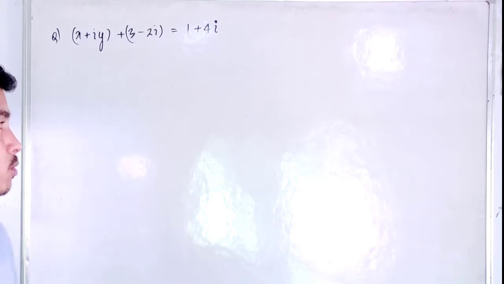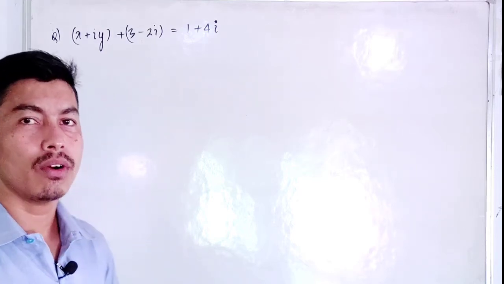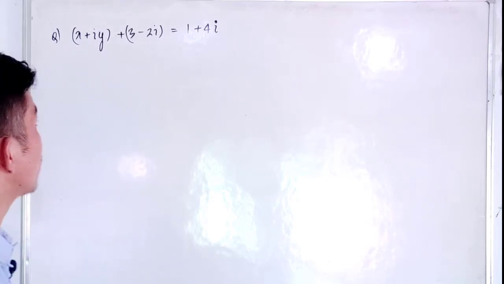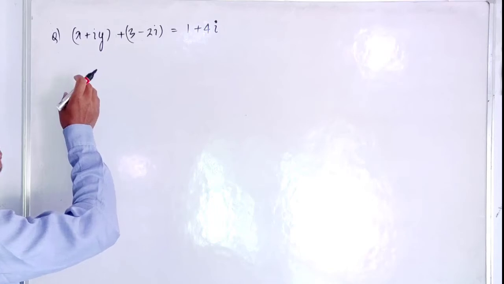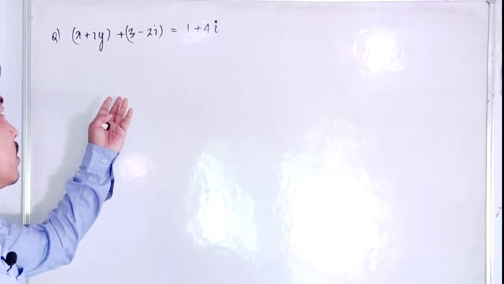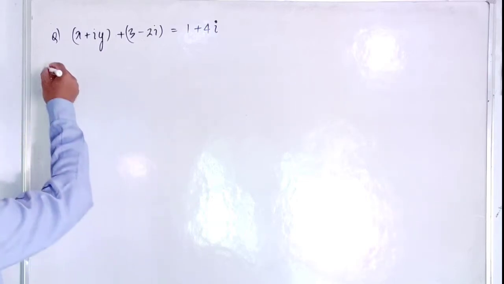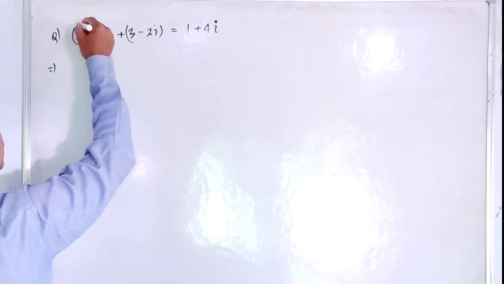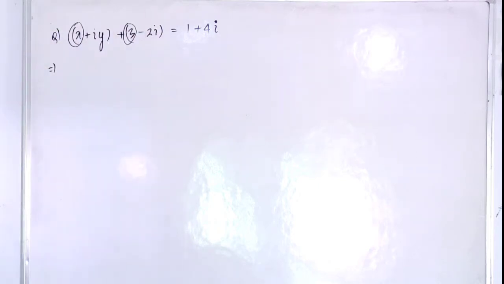Here I have taken one of the questions from your textbook, where the question says to find the value of x and y. To get the value of x and y, I will simply simplify this and compare the real part of the left hand side with the real part of the right hand side, and the imaginary part of the left hand side with the imaginary part of the right hand side. While simplifying, the real part can be added with the real and the imaginary with the imaginary part.